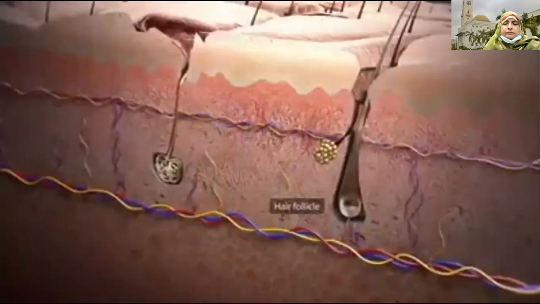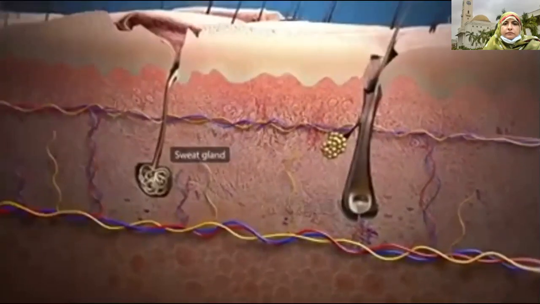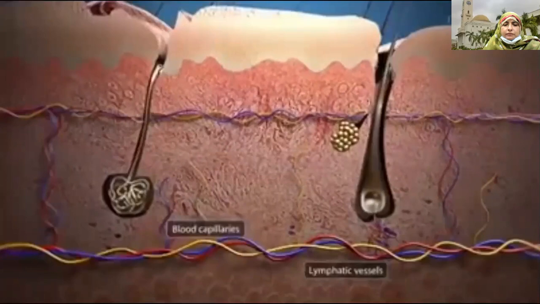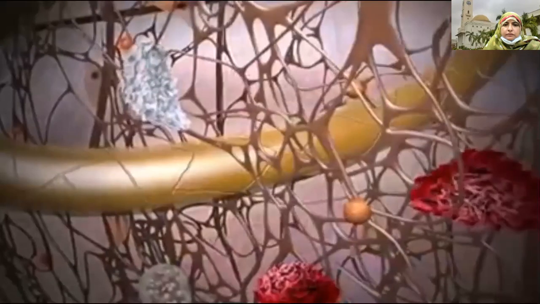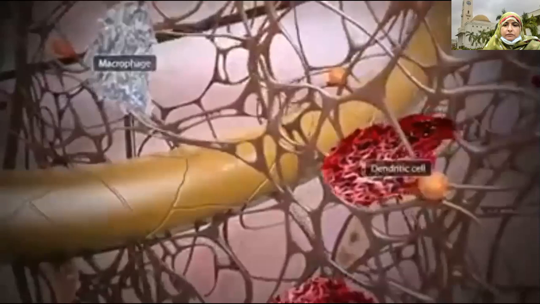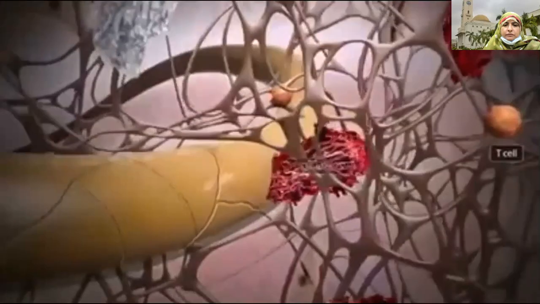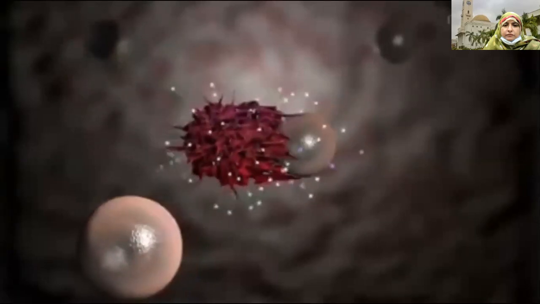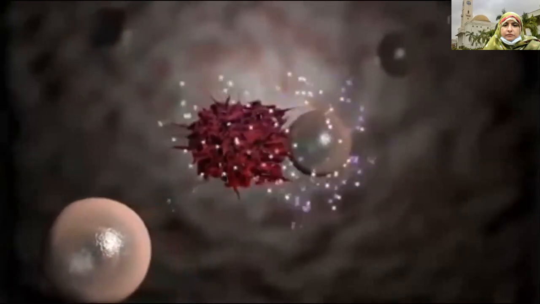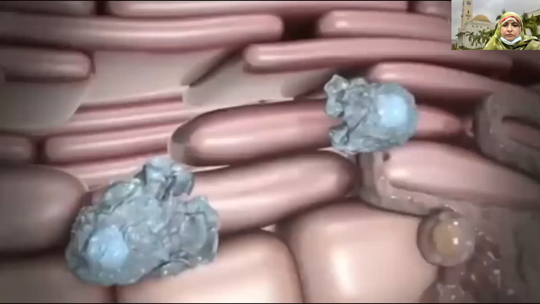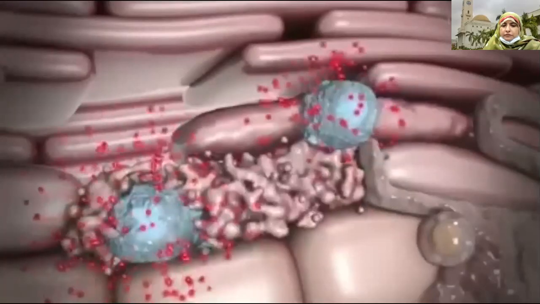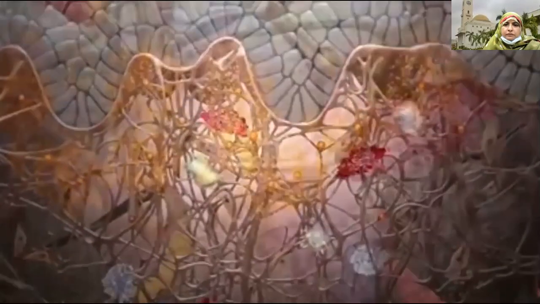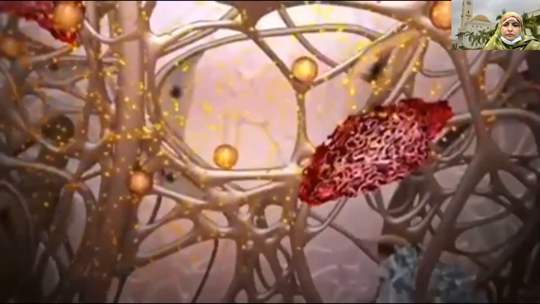This layer also contains hair follicles, sweat glands, sebaceous glands, and blood capillaries, as well as lymphatic vessels. These are a major conduit for immune cells such as macrophages, dendritic cells, and T cells. Dendritic cells can capture foreign antigen and present it to T cells. T cells are immune effector cells. They can broadly be divided into cytotoxic T cells, which directly kill infected cells, and T helper cells that play a key role in orchestrating overall immune responses.